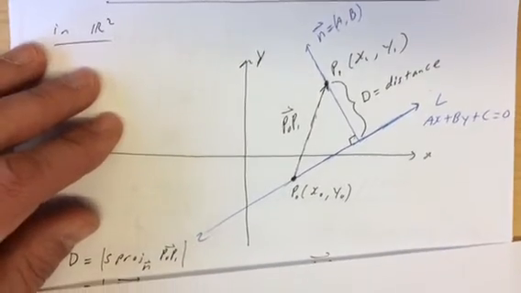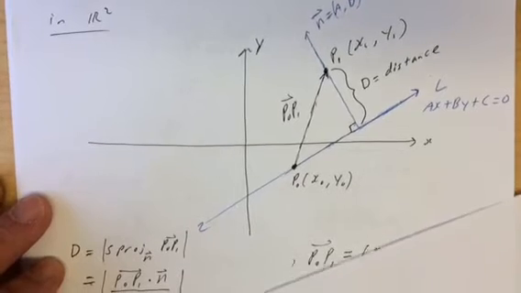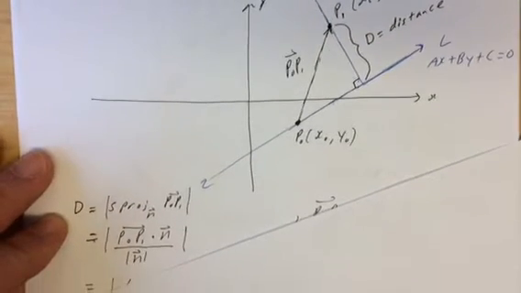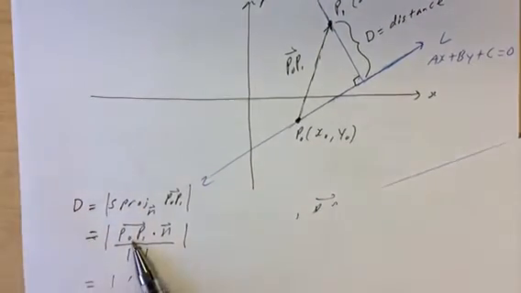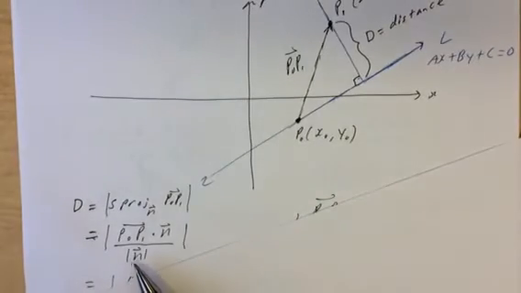The formula for the scalar projection is this here: the dot product of the 2 vectors, P0P1 dot n, divided by the magnitude of n.